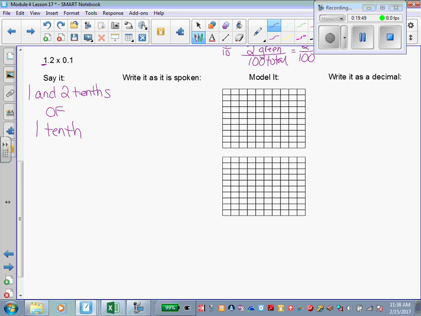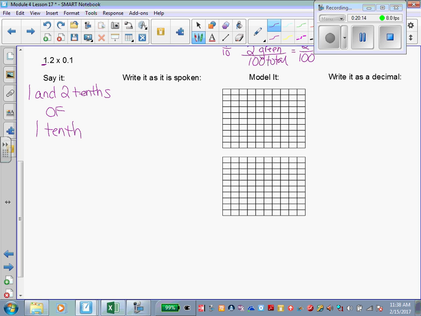All right. Before I move on to write it as it is spoken, does anybody know how else I can say 1 and 2 tenths? Instead, like I don't want to have that hole there. I don't want to say 1 and.